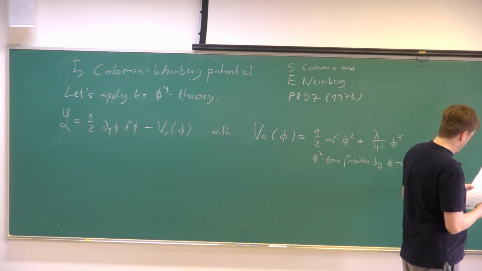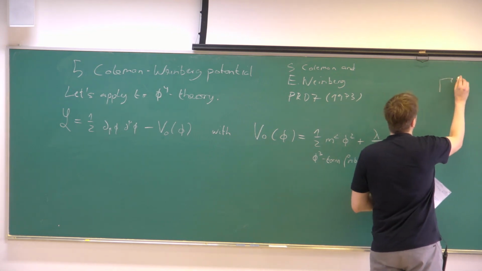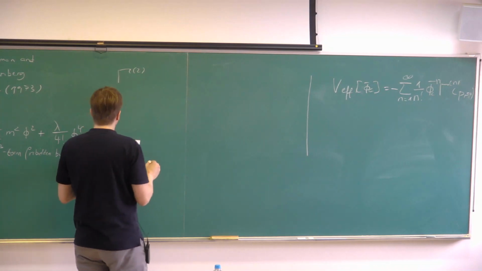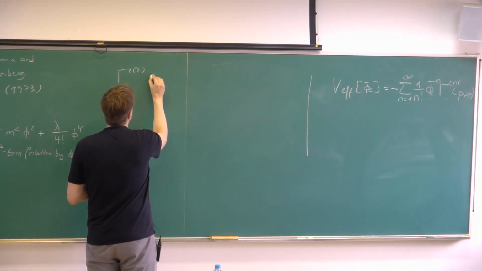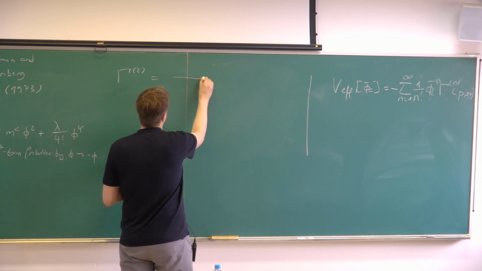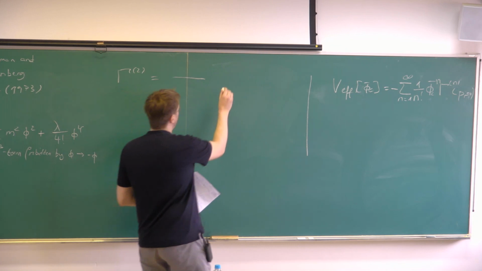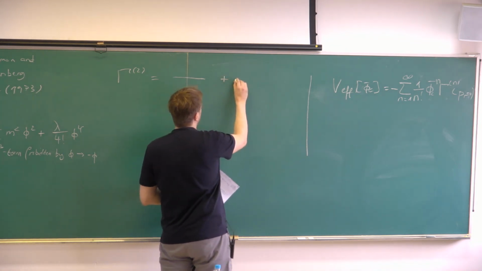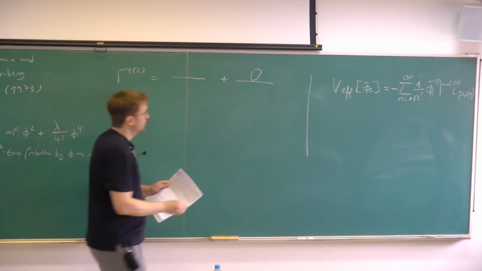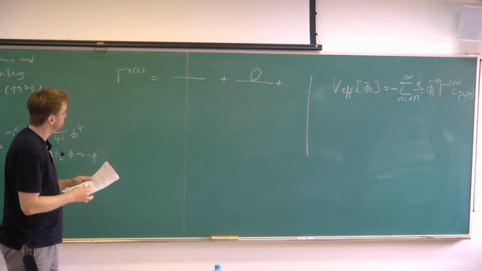Let's start with the 2-point correlator. It's a bit schematic: there's a line like this, I'll say a bit more about this in a second, and then we have a one-loop correction like this. Of course there are higher loop corrections too.